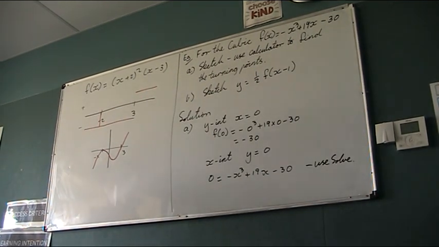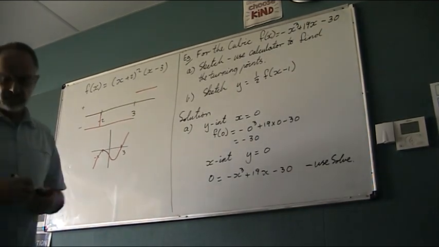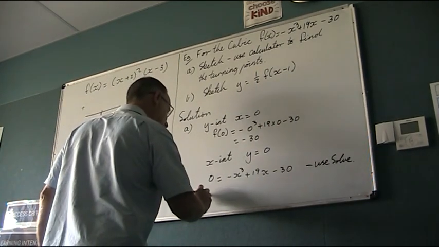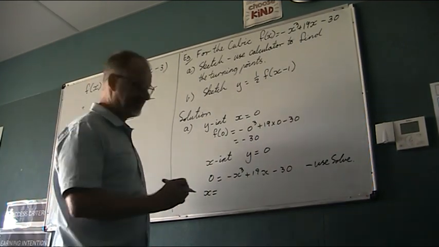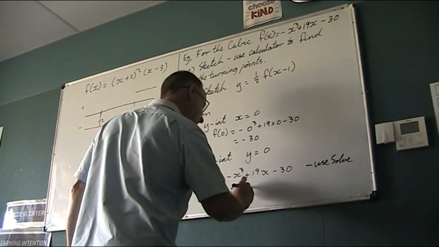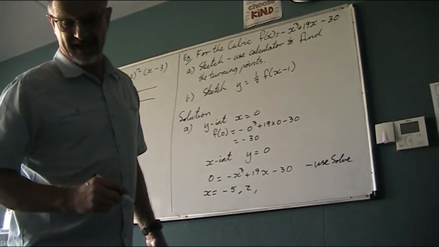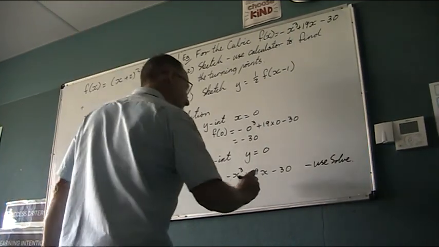Something like this in exam 2. So when you do that, you find there's 3 values of x. One of them is negative 5, one of them is 2, and the other one is 3.